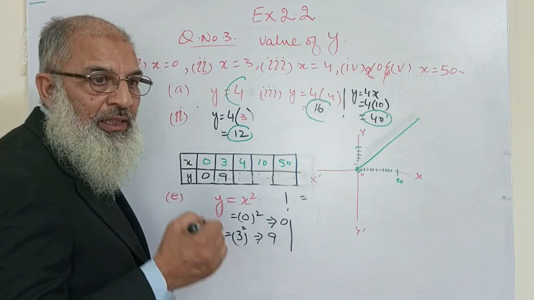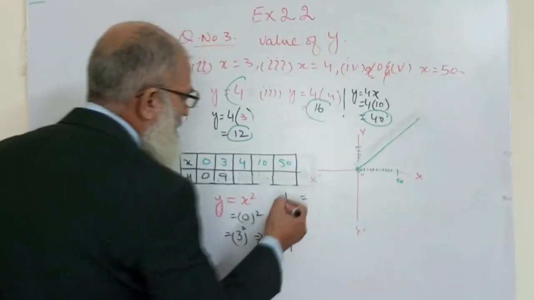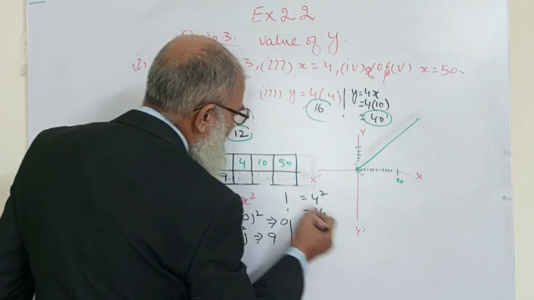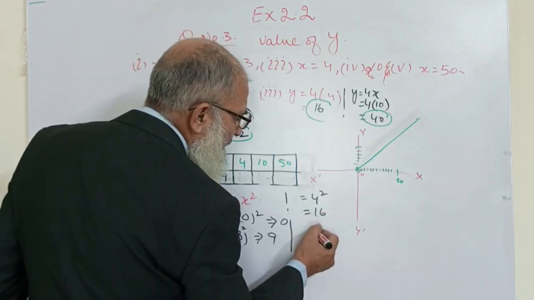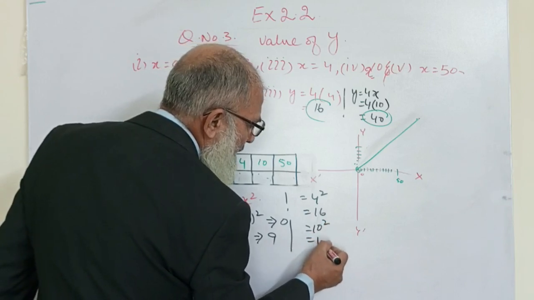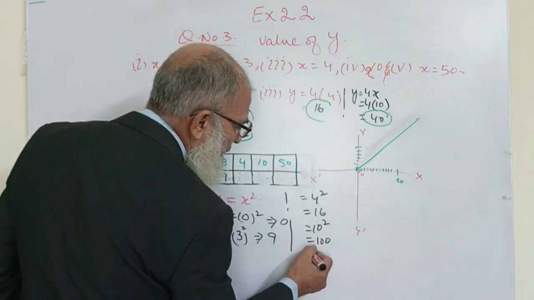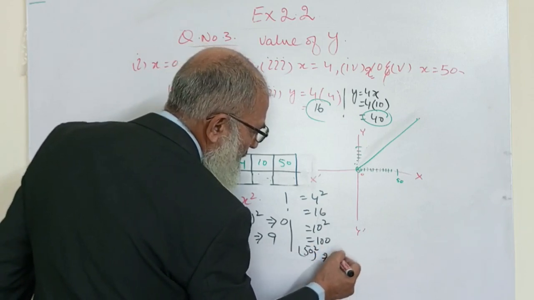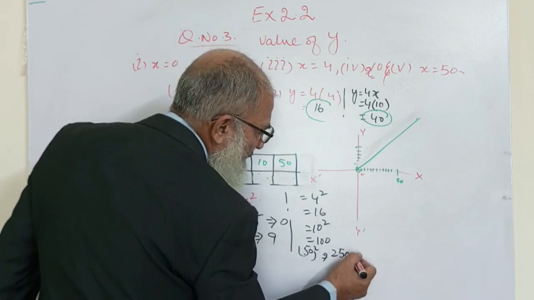Let me say, for 4 the square is 16, and for 10 it is 100, and for 50 it is, what is it, 2500.